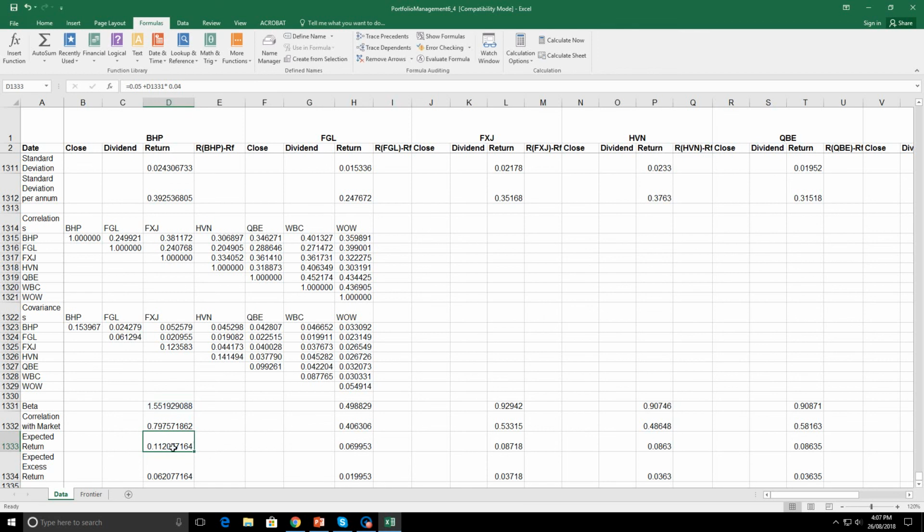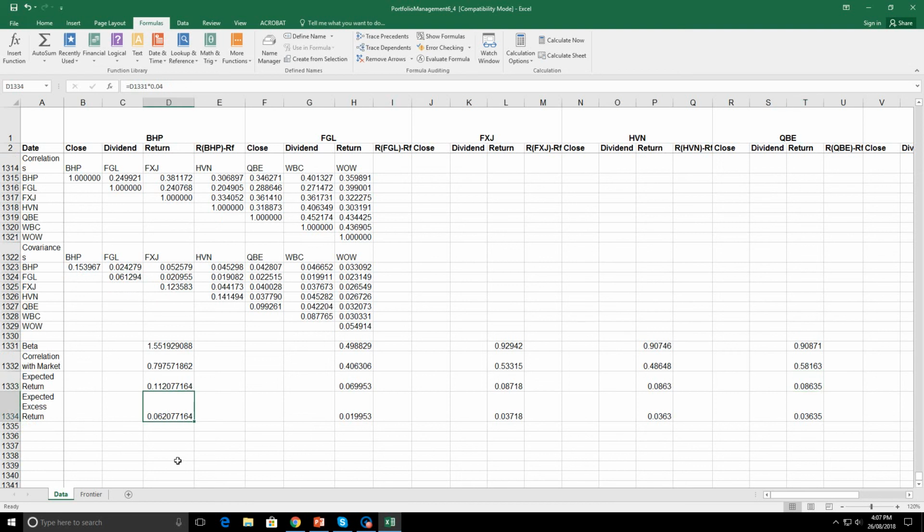So that's the expected return of BHP, and we calculated the expected return for the other stocks as well. And finally, this is expected excess return. In this case, we simply multiplied the beta with the excess return from the market. We didn't add the risk-free rate, just to get the expected excess return.